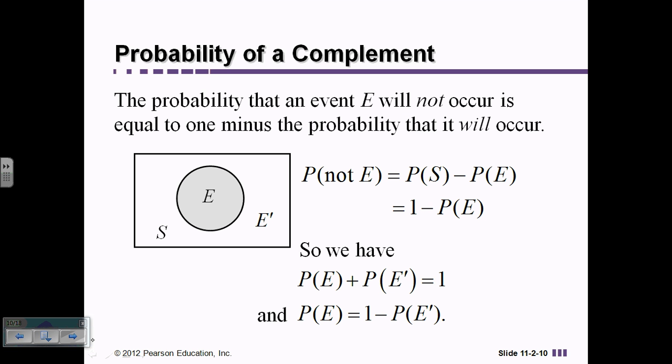The probability that something will not occur is the same as 1 minus the probability that it will occur. If I think about flipping a coin, the probability that I flip a head is 1/2.